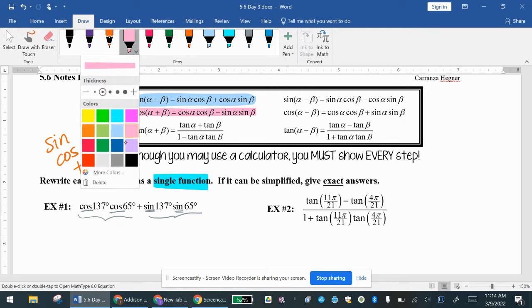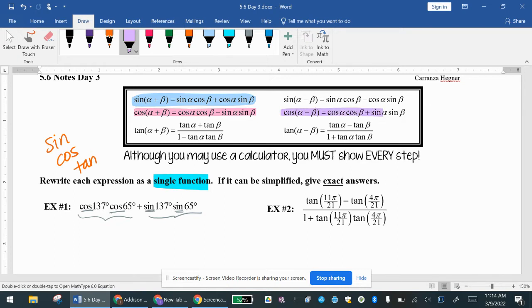If the original angles were being added, then the pattern is going to have subtraction and vice versa. If the original problem had a difference, then the pattern's going to have addition. So this one can be rewritten as a cosine function. But remember, it's going to be the opposite sign of what's in the middle of the binomial.